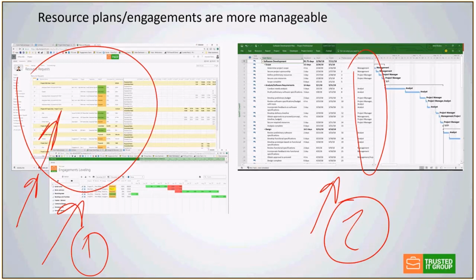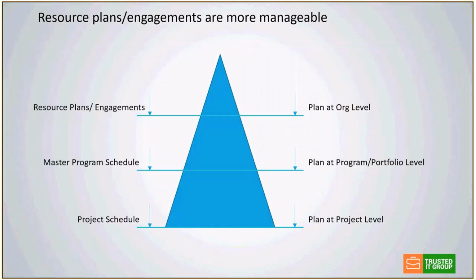The mistake that people make is that they mix those levels of engagement and put them into one data set. Let me break it down further. Let me bring up another slide.